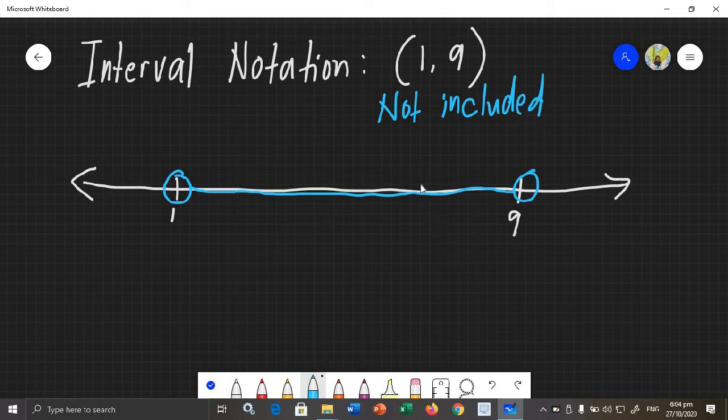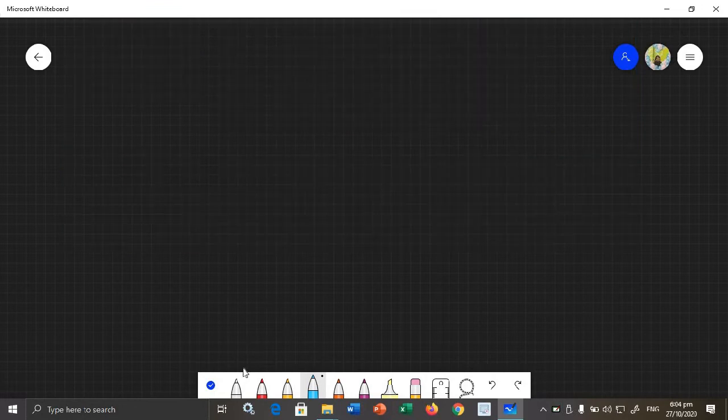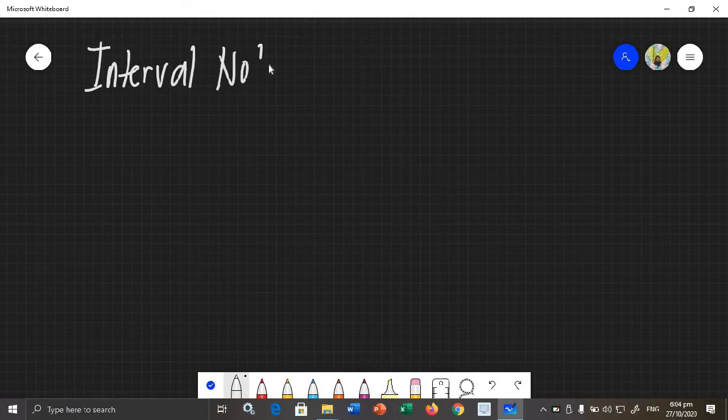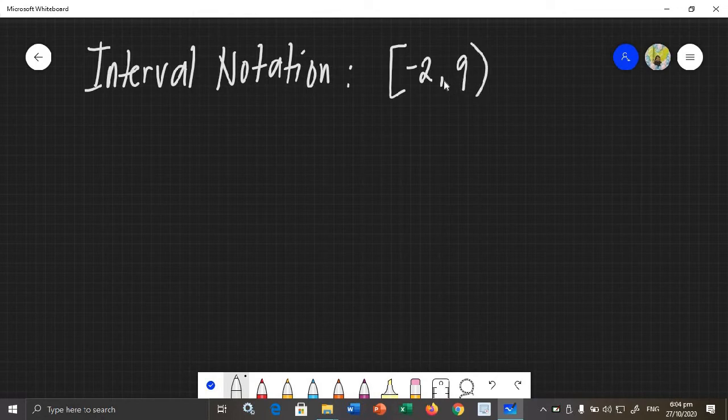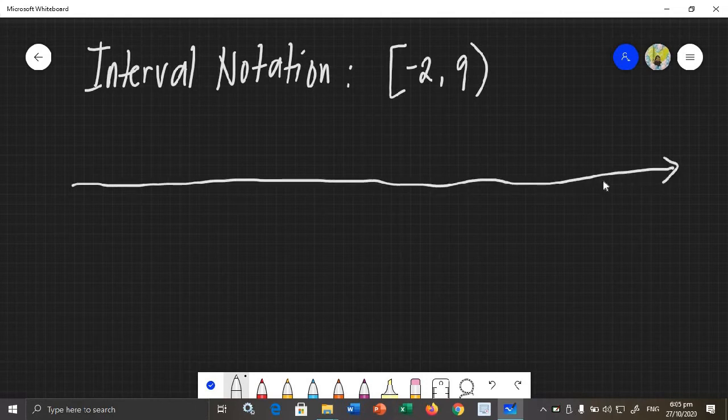Okay? And then, let's say another example. Sa interval notation ko, halimbawa, ang given ay -2 and then in this part ay 9. So, napansin nyo, on the left side ay brackets and then on the right side ay parentheses.